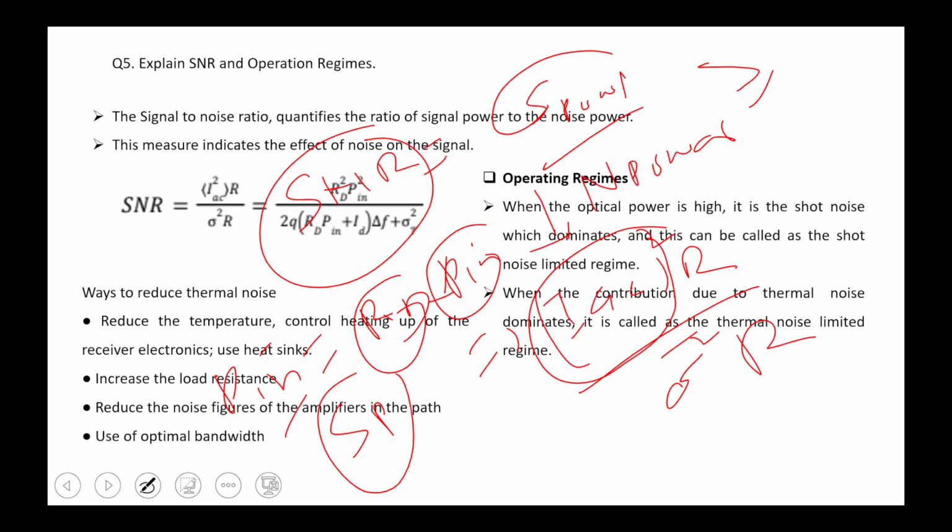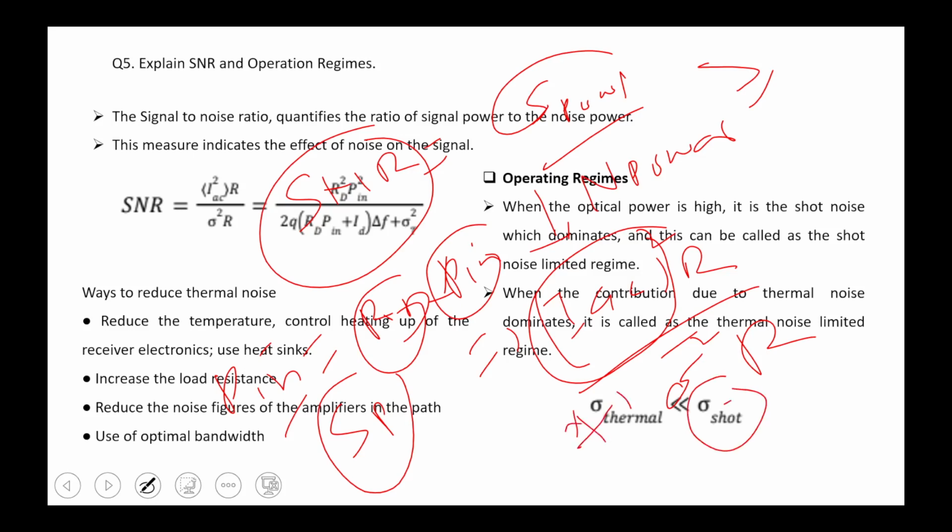When the optical power is high, it is shot noise, because due to more optical power the path travelled by the electron and hole pair, some will be less, some will be more. When the contribution due to thermal noise dominates, it is called thermal noise regime. The condition is that shot noise should always be greater than thermal noise. We do not require thermal noise, we have to reduce the thermal noise.